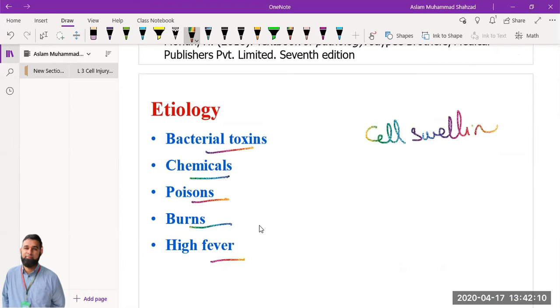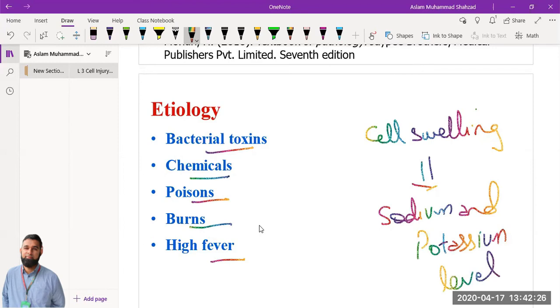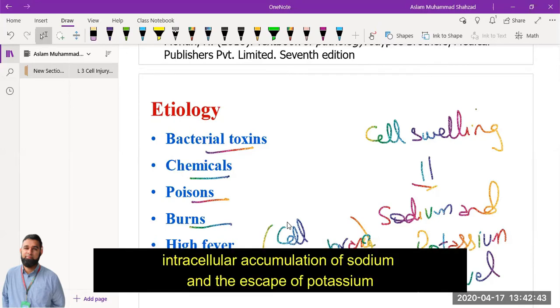And why does this happen? Because of the imbalance of sodium and potassium level at the level of the cell membrane, and that results in the intracellular accumulation of sodium and the escape of potassium.